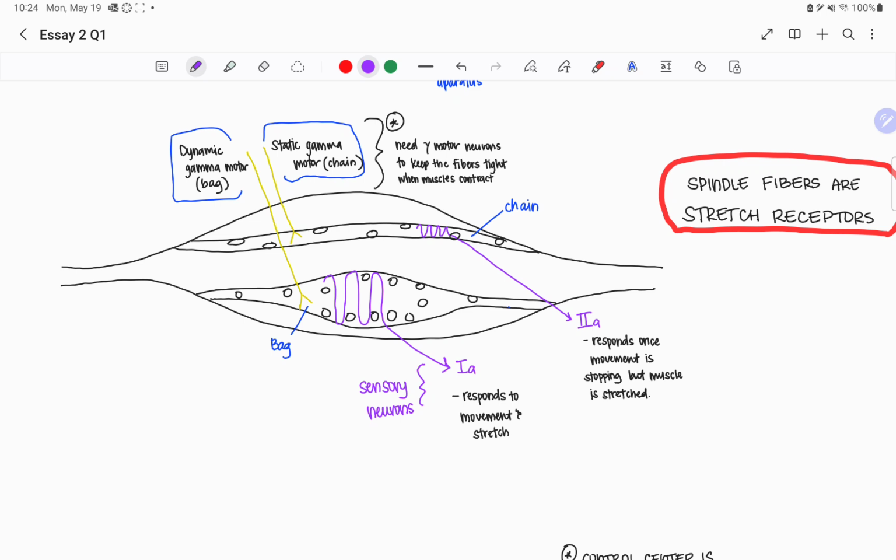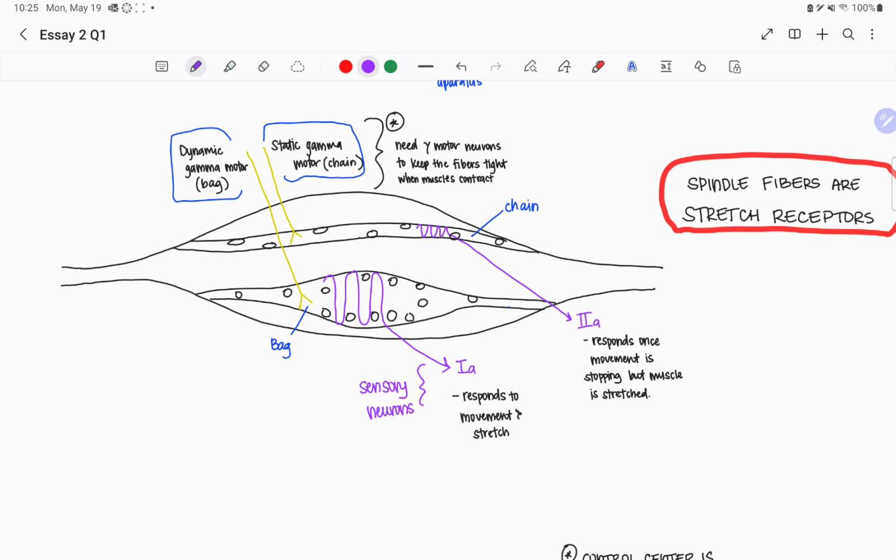shows us or tells our body when our muscle is stretched, but it's now holding still. So if you take your arm and put it in an L position, and then you let it go straight, that whole time you're having 1A, 1A, 1A, and then once you reach a flat arm, now it's saying 2A, 2A, 2A. Okay.